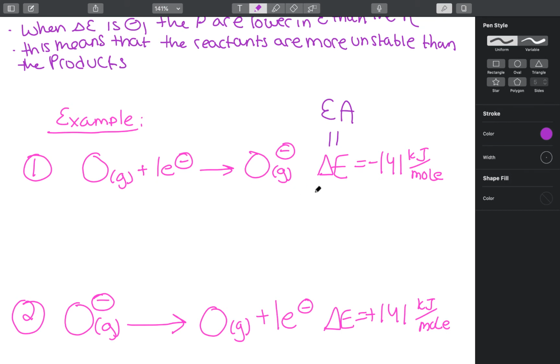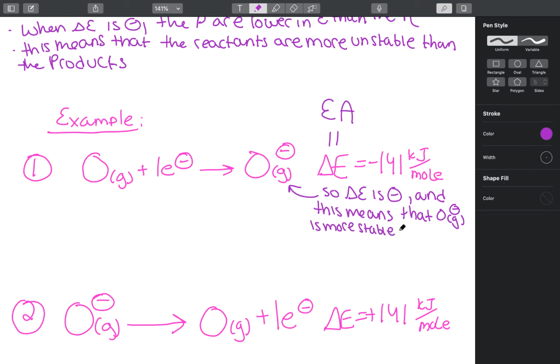So what is this telling us? Delta E is negative for this process, and this means that the negatively charged oxygen is more stable than the neutral oxygen.